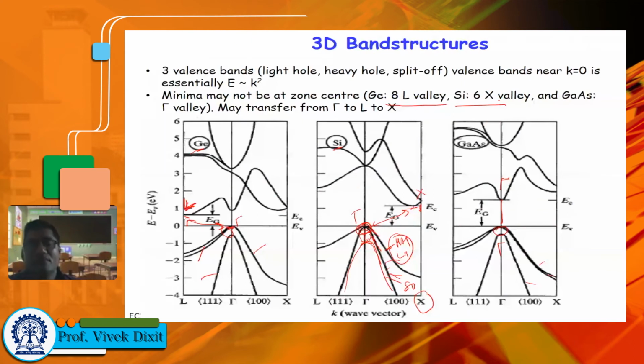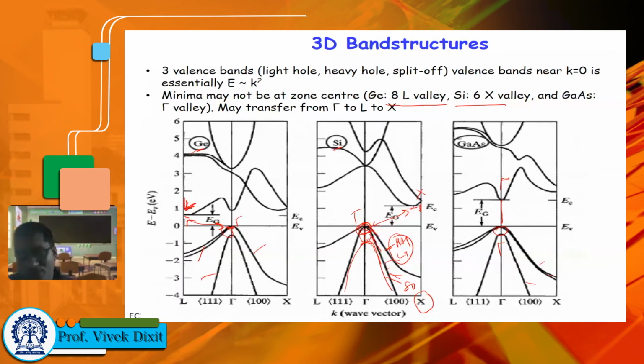So when you are going to count the number of states or number of carriers, or when you calculate effective mass, that effective mass we obtained from the double derivative, d2E by dk square. That was for a particular band.